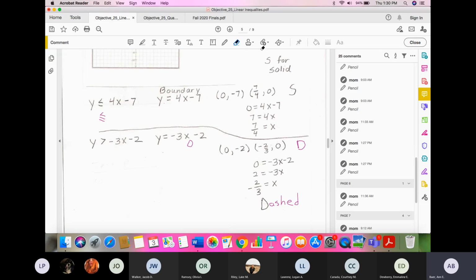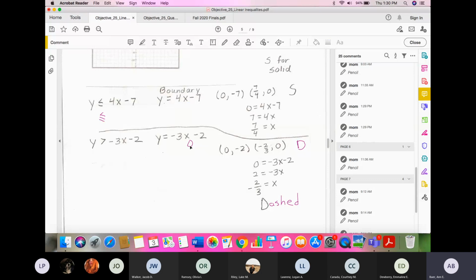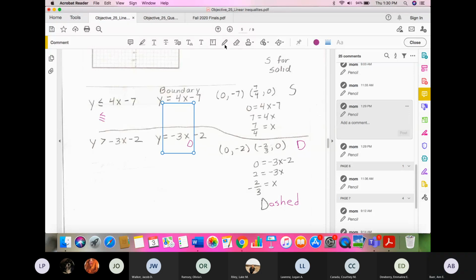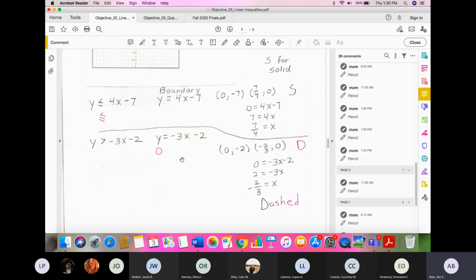So if we take this out now, we want to put in 0 on this other side. We are now putting in 0 for y. So we get 0 equals negative 3x minus 2.